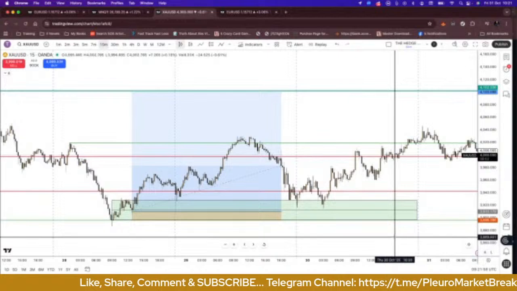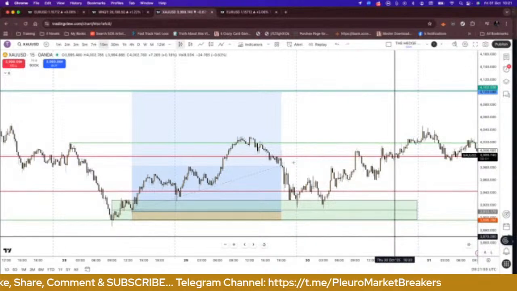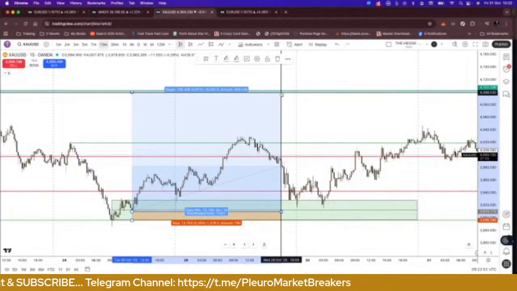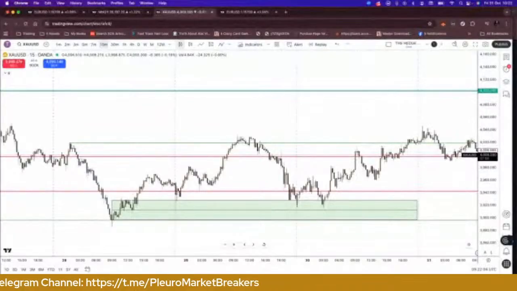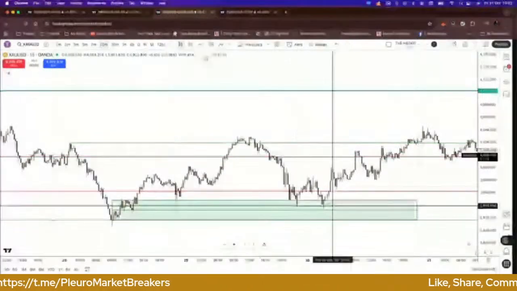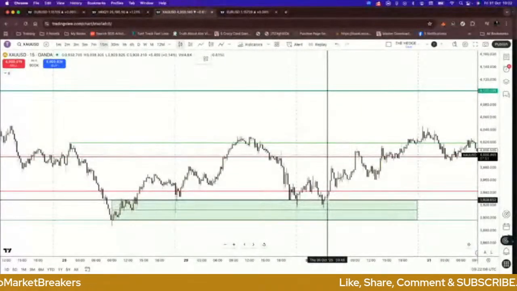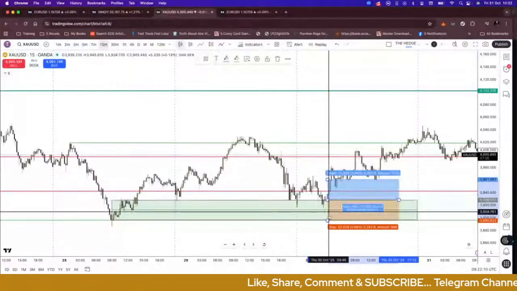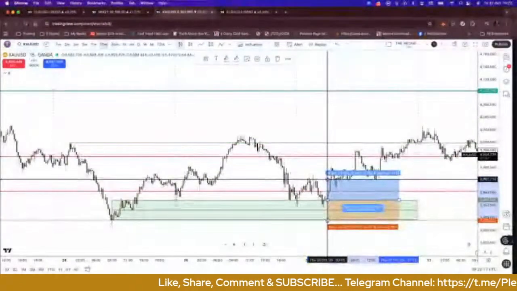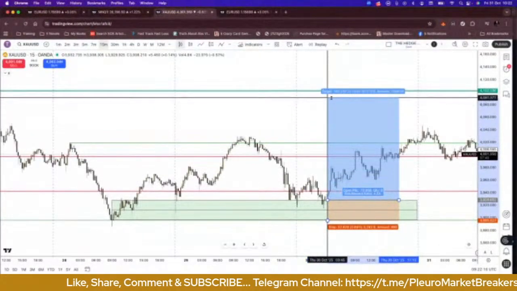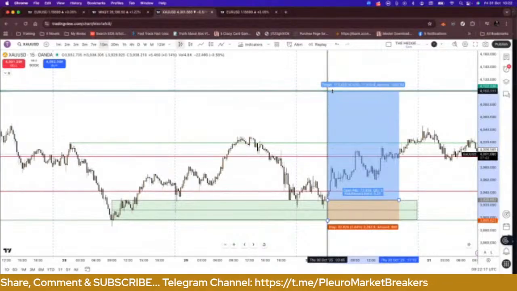So at this point here, you could literally, I'm just going to get rid of this, you could literally put an entry there. You put your stop loss here.